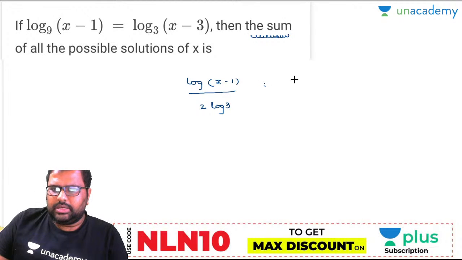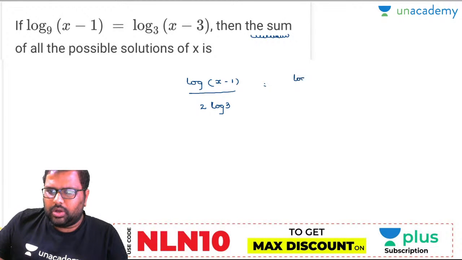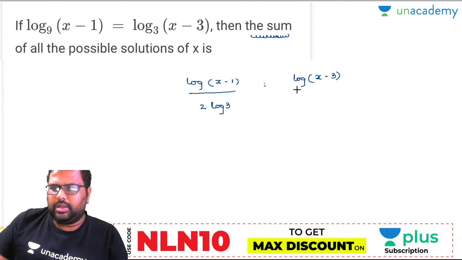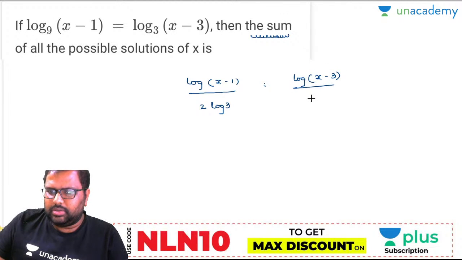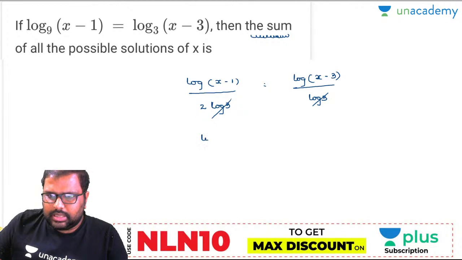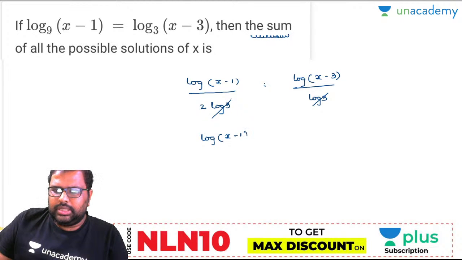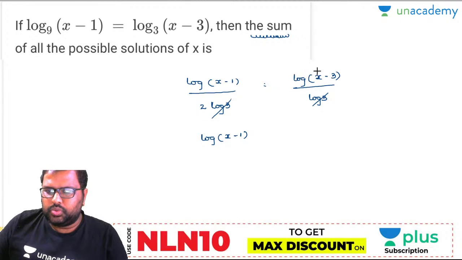Yes. Is equal to, can I write like this? Log of x minus 3 divided by log 3. Yes, I can write like this. And in your denominator, log 3 gets cancelled off. So I can write this as log of x minus 1. So see here, this 2 goes to that side, which becomes 2 log of x minus 3.